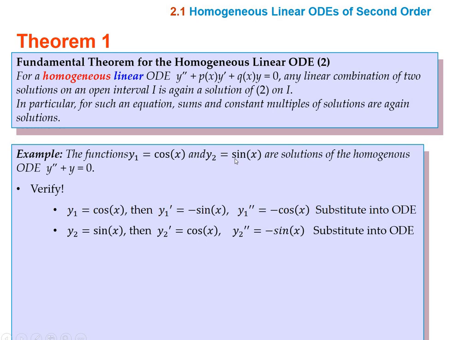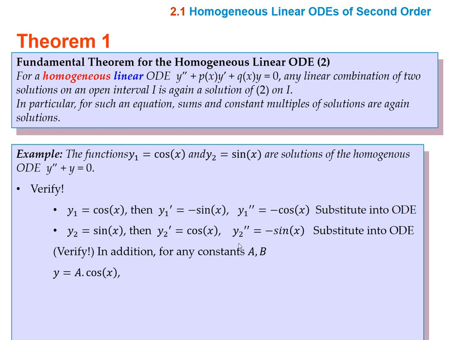Now, our theorem says if you take one of them, for example, cosine x, multiplied by any constant, for example, a, I'm going to write y equals a times cosine x. This new term is again going to be a solution for this ODE. Now, are we getting a new one? I'll talk about it in a minute.